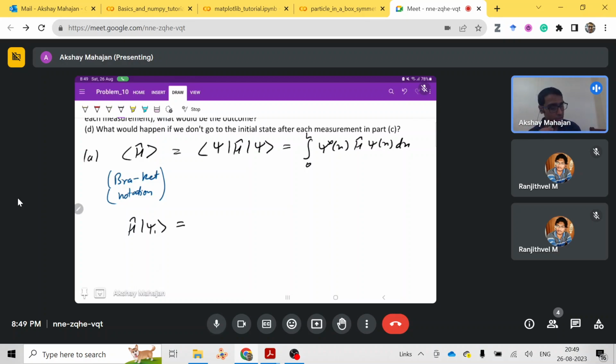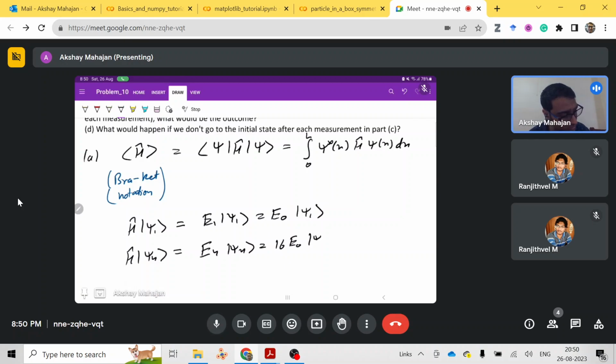So for this problem, also remember that H cap psi 1 will give us E1 times psi 1, and H cap psi 4 will give me E4 times psi 4, which is 4 squared, 16, so it will be 16 E0 times psi 4.